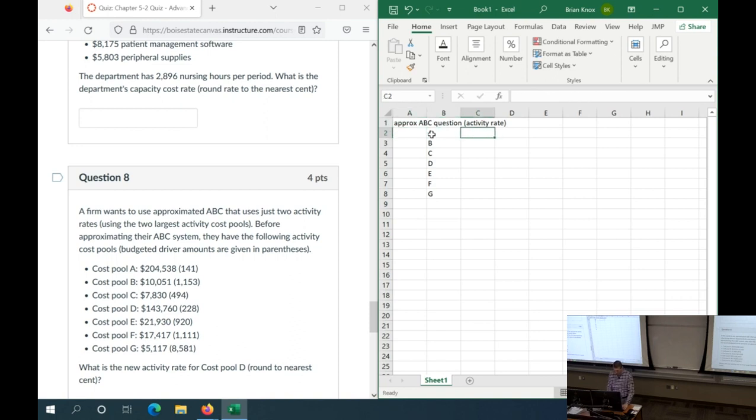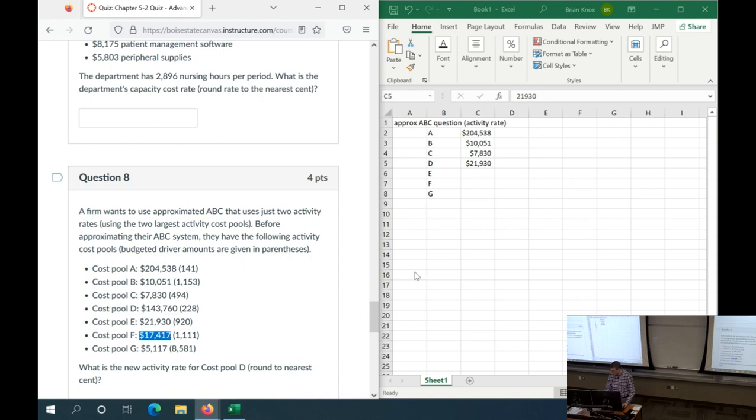Okay, and let's see if I can copy these over. We have all of our initial values for the cost pools here. Now, I'm not going to copy over all of the drivers. That's what's in parentheses, the budgeted driver amounts.